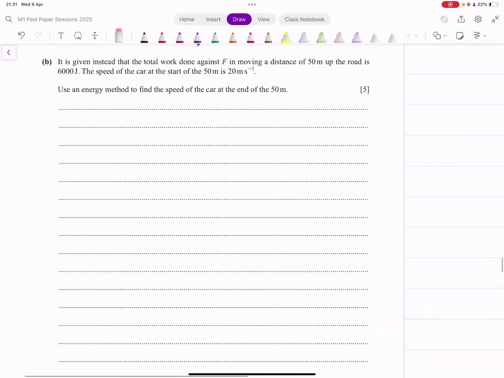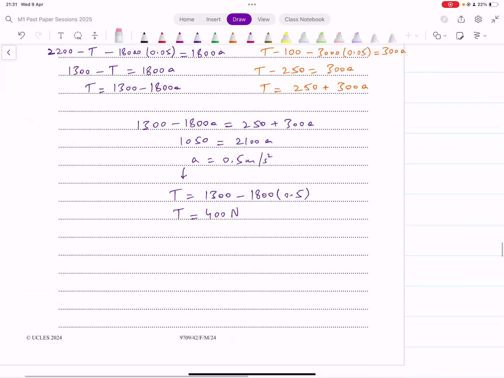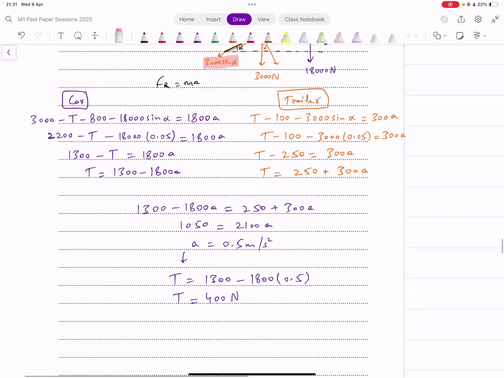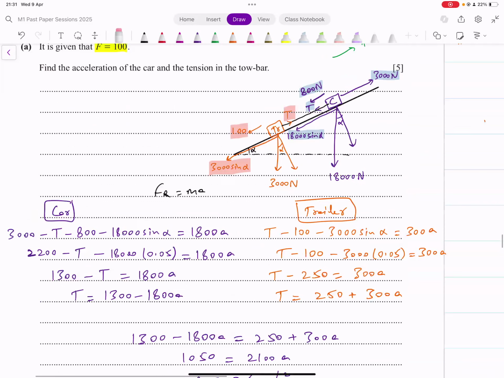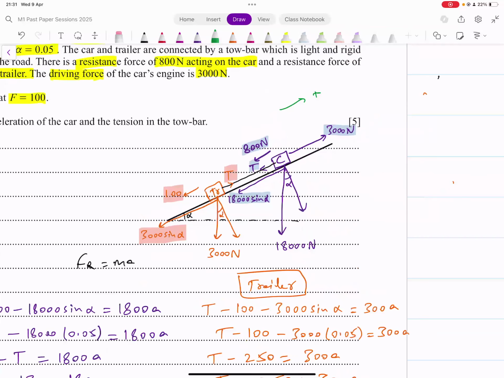Now it says it's given instead that the total work done. The tension is equal because the things connecting them are still intact. It's the same string. It's one single string, right? And it's applying some force on the car, some force on the trailer. It has to be equal. If it's different, then the string would no longer be taut.